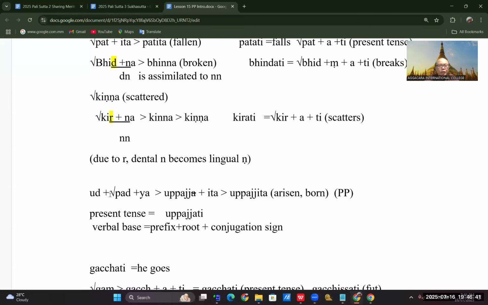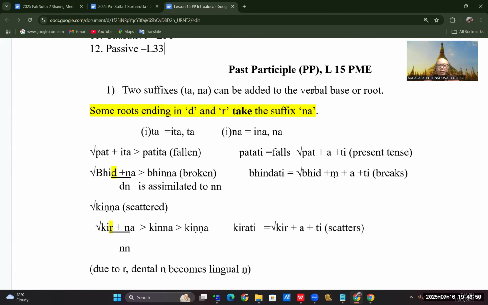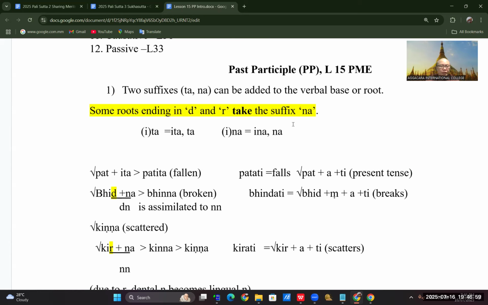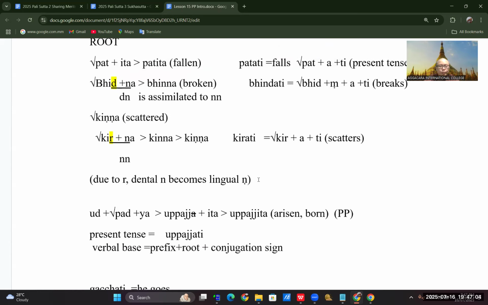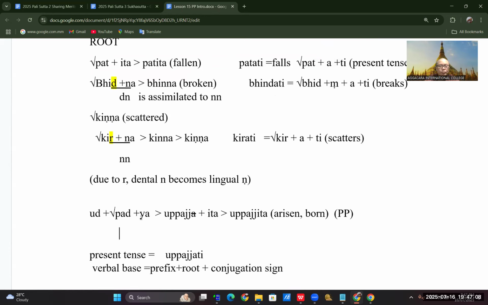More examples: upa plus pad and ya. Earlier on we said the past participle is added to the verbal root. So you can see pat, bhid and ki, all these are roots. But when you come to this upajja here, because there's a prefix upa and pad and ya, when you combine them, upajjati, this is a verbal base.